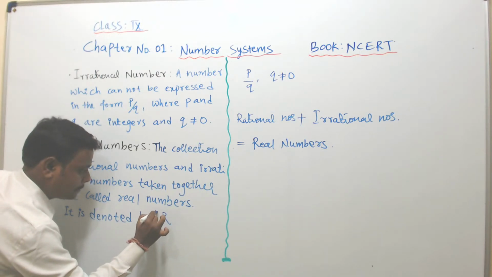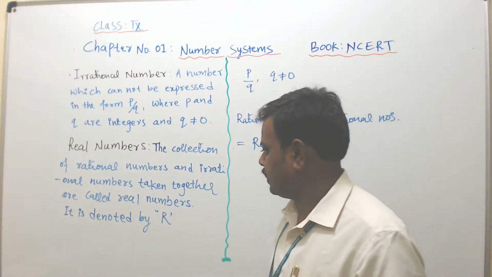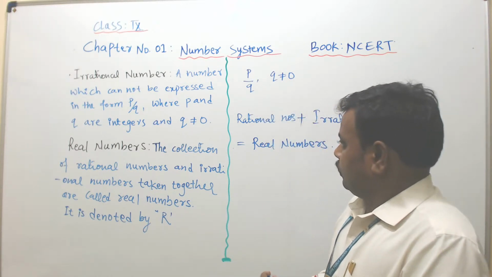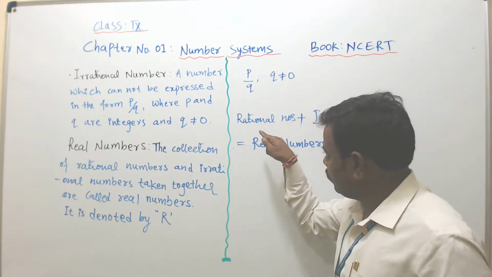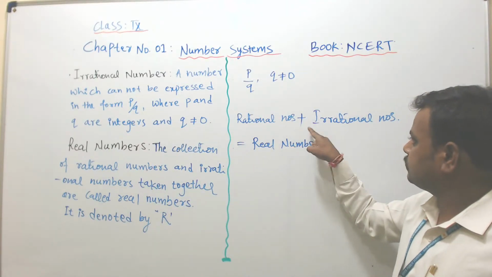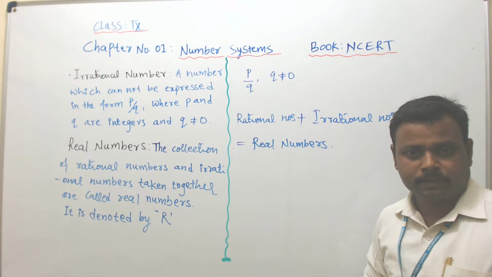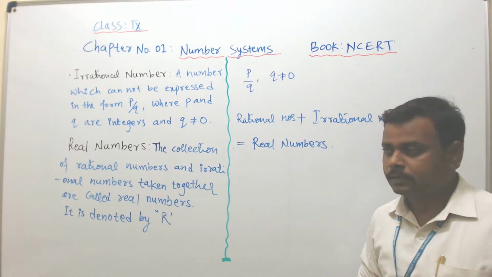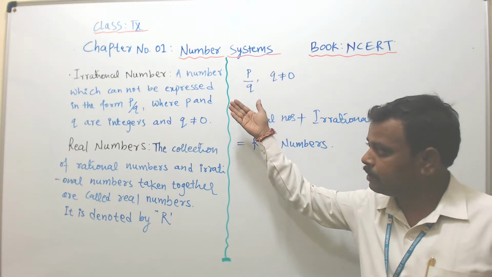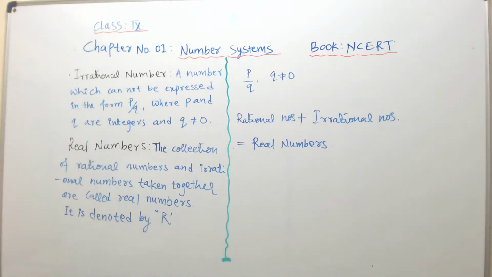Real numbers is denoted by capital R. So it is very simple to remember the real number definition. Rational numbers plus irrational numbers taken together are called real numbers. Got it this point? Is it clear? Irrational number and real numbers definition. We will move to the next point.